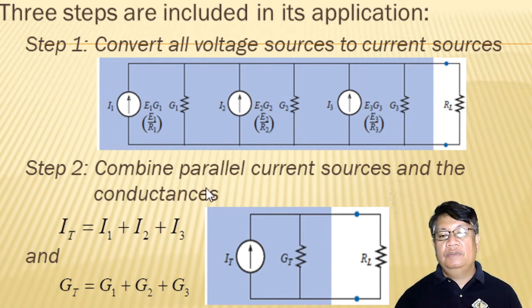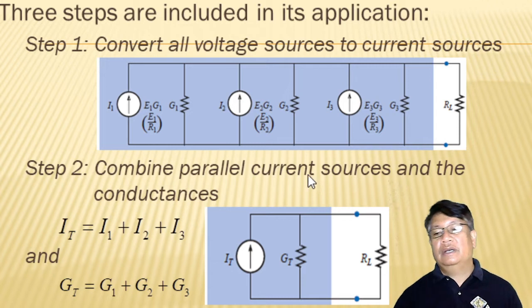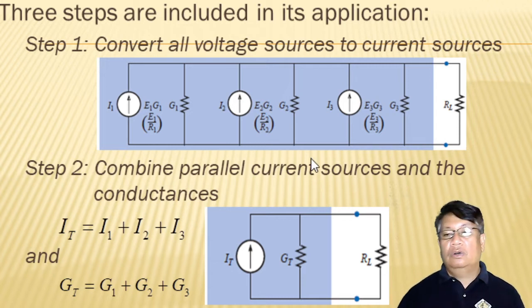Step number 2, combine parallel current sources and the conductances. According to Kirchhoff's current law, the summation of currents in any junction is equivalent to your total current. So your total current is equal to I sub 1 plus I sub 2 plus I sub 3.